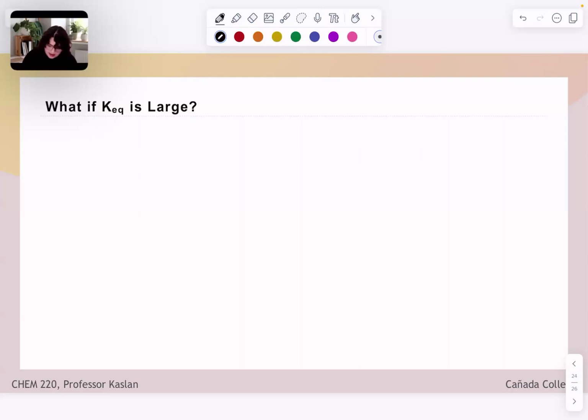So let's hash through this on a conceptual, rational level. Let's trust what our understanding of equilibrium tells us about what it means when our equilibrium constant is large.